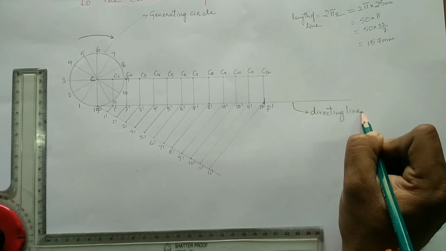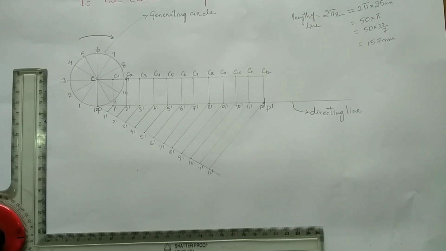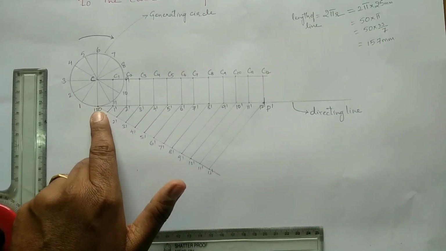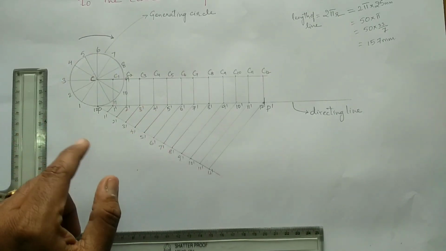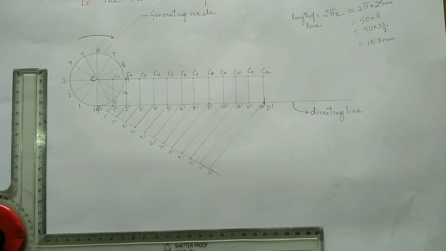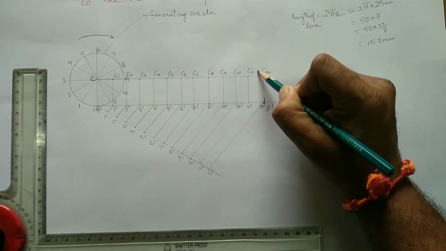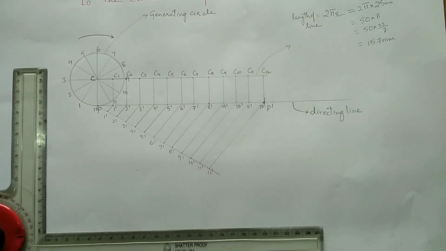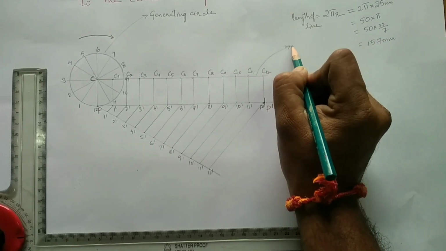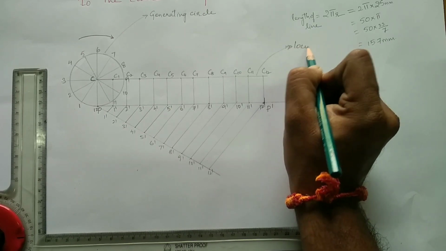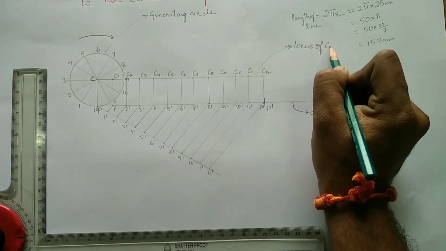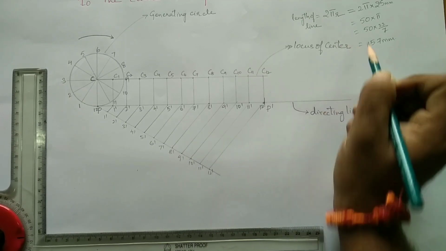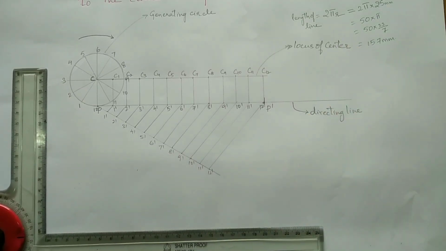If it rolls on a circle, we call it the directing circle. But here, the cycloid is the one where the generating circle rolls on a straight line, so that's why we call it the directing line. And the line joining all the centers, we call the locus of center. This is the nomenclature for our constructional part.